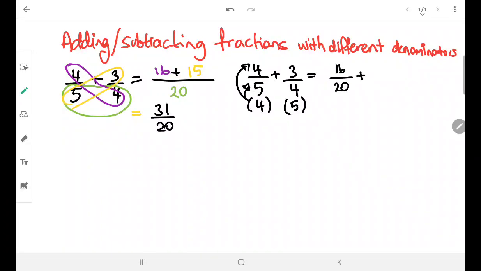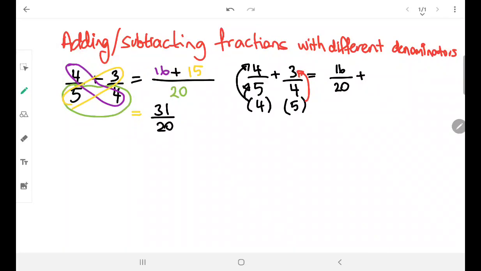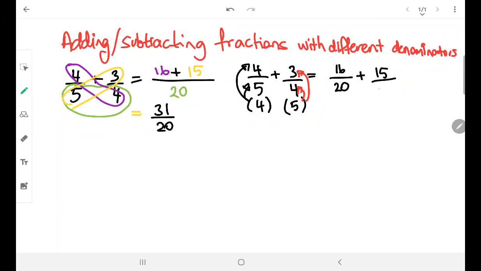And then we do the same thing with the second fraction. We multiply the top and the bottom numbers by the number in the bracket. So in this case, it's going to be 15 over 20, and that's going to equal 31 over 20.